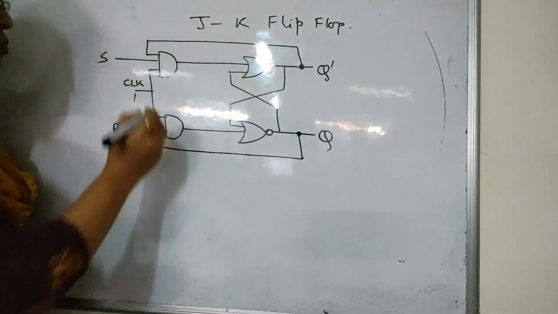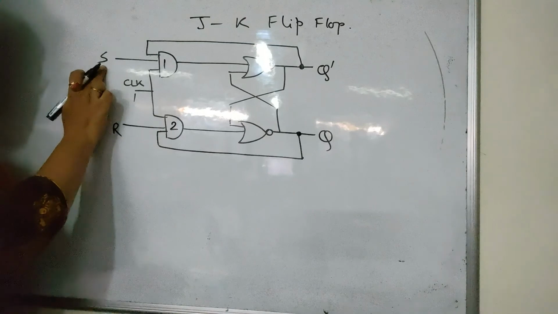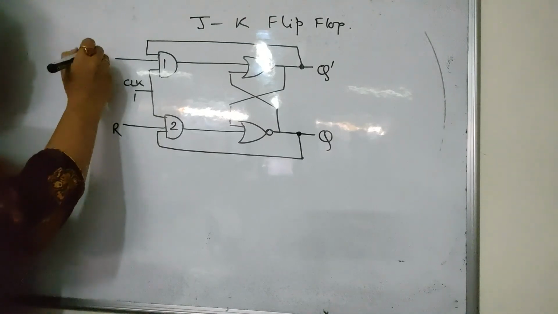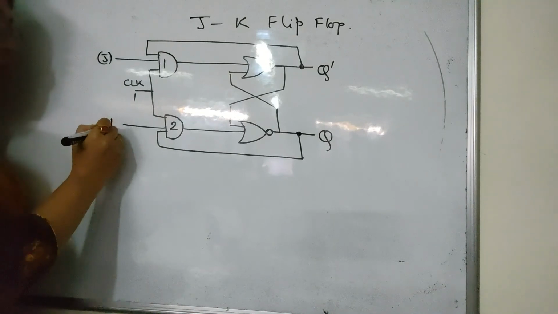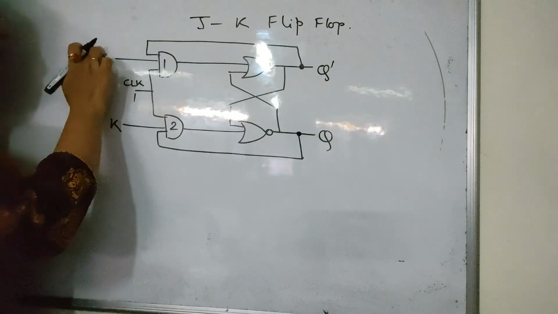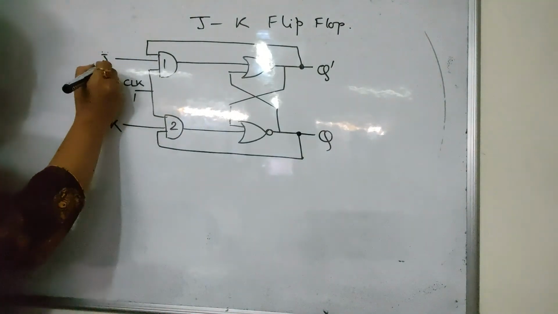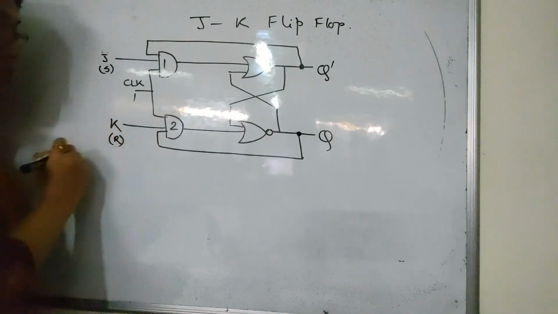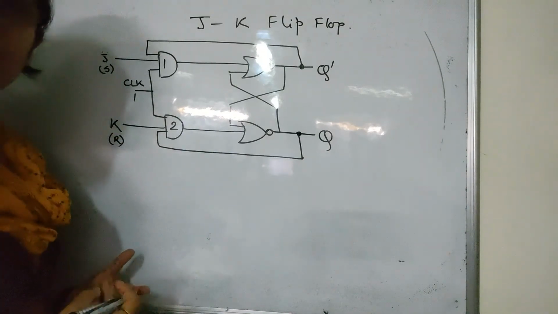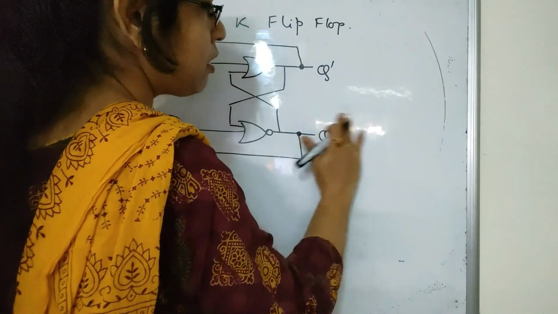Now let's see the working. This S signal over here, we will now be calling it J, and this R we will be calling K. So that we can make the comparison, I will keep this S and R so that it becomes easier for you to understand the working.